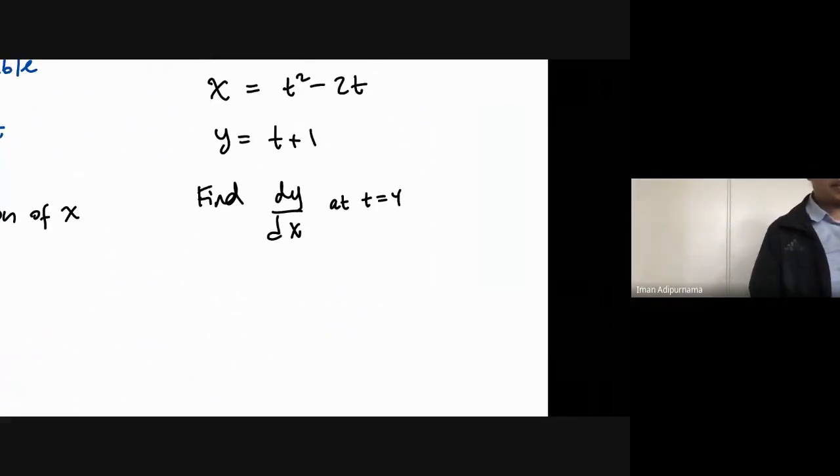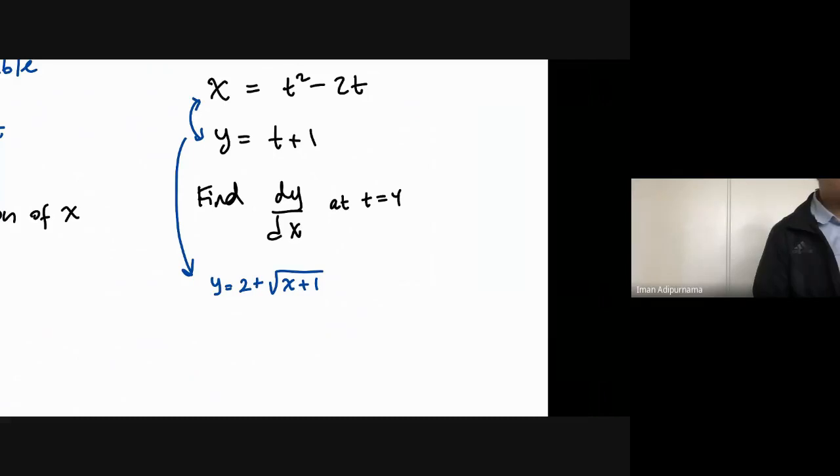So to find dy over dx, you can substitute this 2, and you get y equal 2 plus something, and dy over dx becomes something.